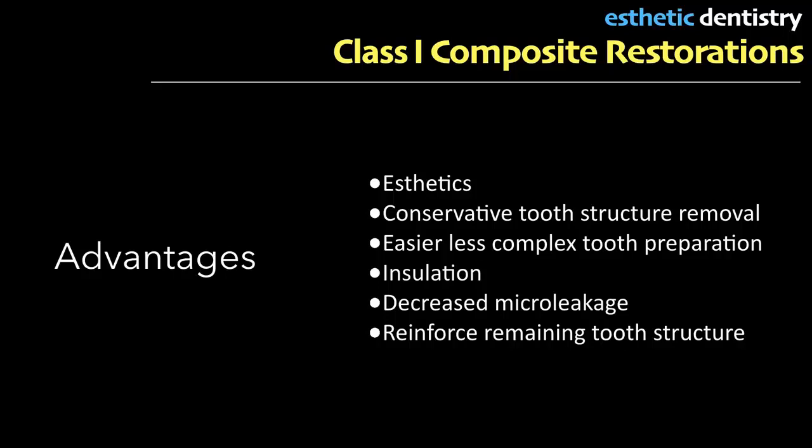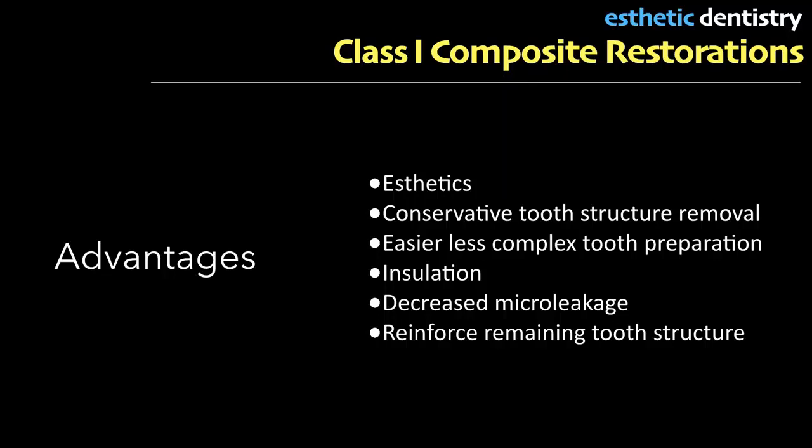Rather, we just remove the lesion part only. It's comparatively easier and a less complex tooth preparation. It provides insulation, decreases the microleakage, and there are some added benefits of the bonding system itself. For example, decrease in recurrent caries, decrease in postoperative sensitivity, increase in retention, and increase in the strength of the remaining tooth structure.